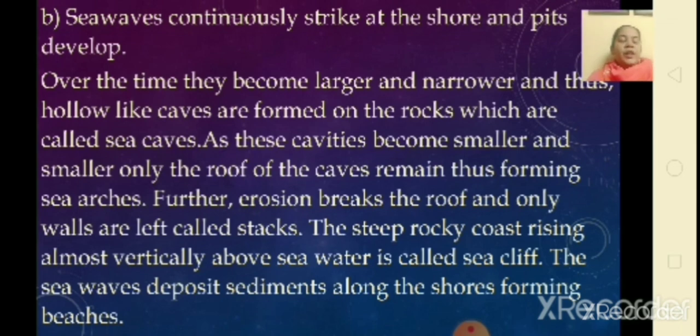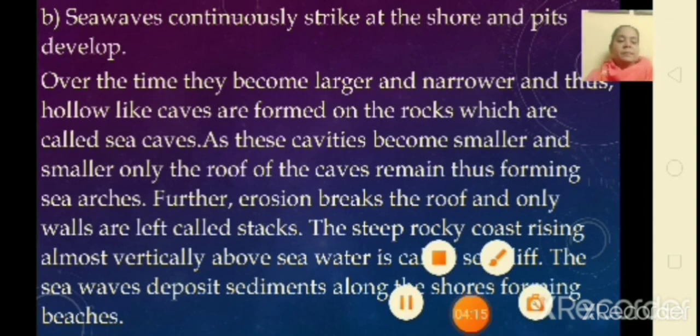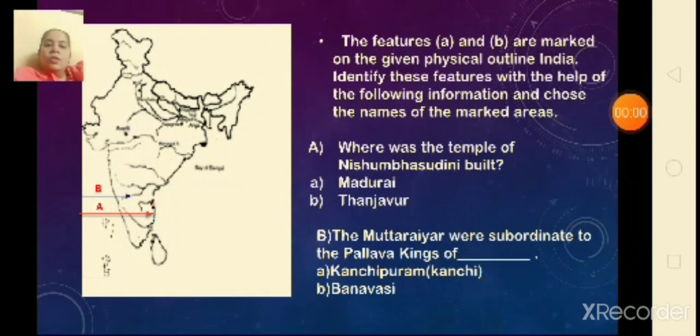Now children, there will be a difference between both the answers. You have to understand, analyze and then select the correct answer. So children, this is one more type of question that can come in the paper. This question is based on a map.